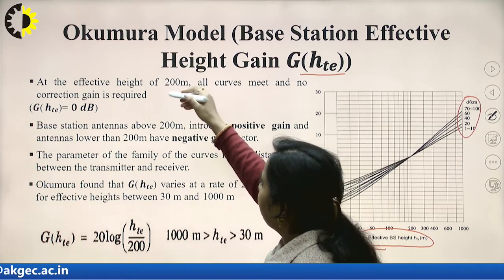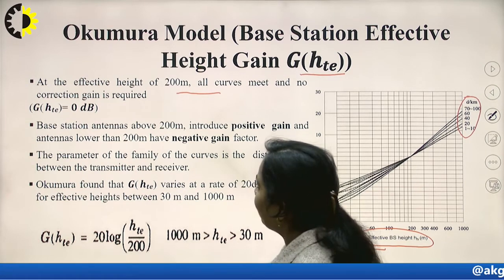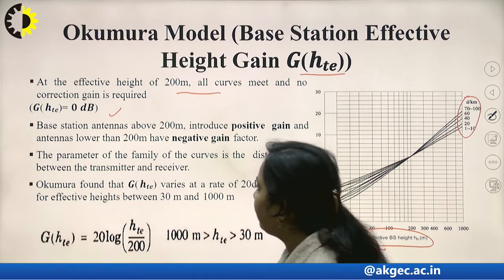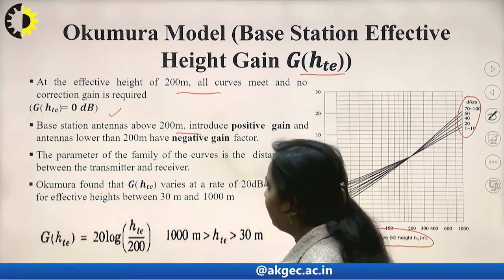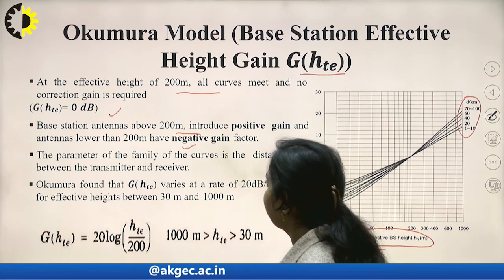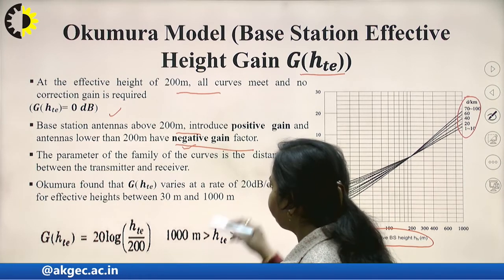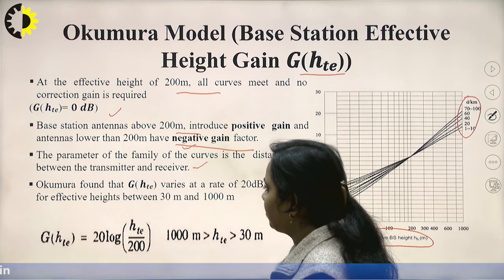At the effective height of 200 meters, all the curves meet and no correction gain is required, so GHTE is equal to 0 dB. Base station antennas above 200 meters introduce positive gain and antennas lower than 200 meters have a negative gain factor. The parameter of the family of curves is the distance between the transmitter and the receiver.